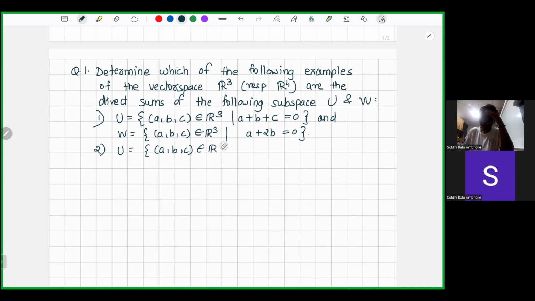And this is in R4. A plus C is 0 and B plus D is 0. This is in R4.